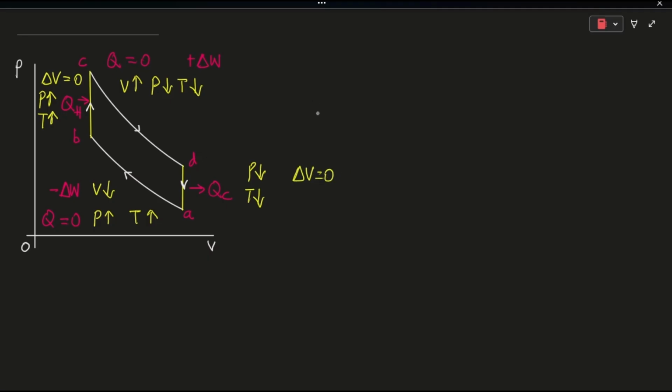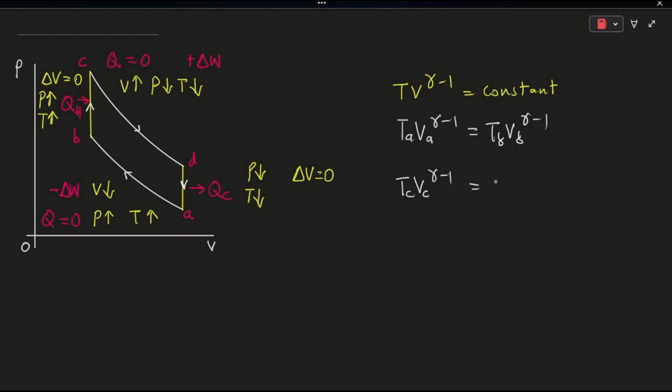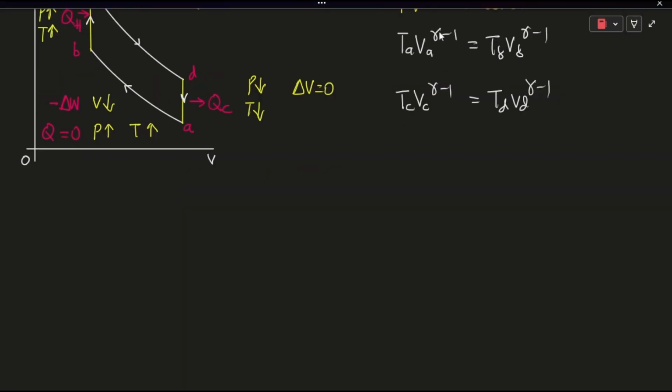Now, there are some equations that we need to take note of in the OTTO cycle. Now, for the adiabatic processes, which means that the temperature at A and the volume at A is equal to the temperature at B and the temperature at C, the volume at C is equal to the temperature at D. Now, let's be familiar with this also.